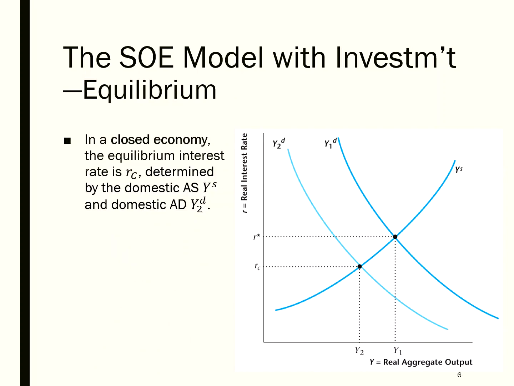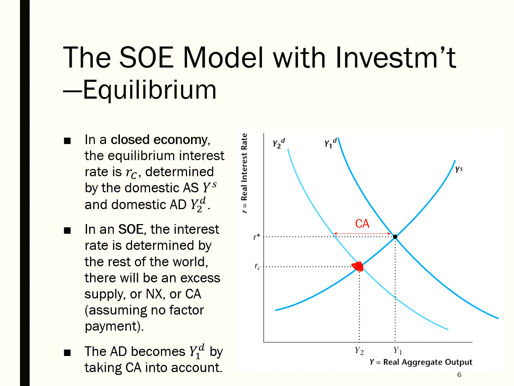To show the difference between the small open economy model and the closed economy model, we use the graph on the right to illustrate. In a closed economy, the equilibrium interest rate is endogenously determined by the aggregate supply and aggregate demand at the level of RC. In contrast, in a small open economy, the interest rate is determined by the rest of the world.